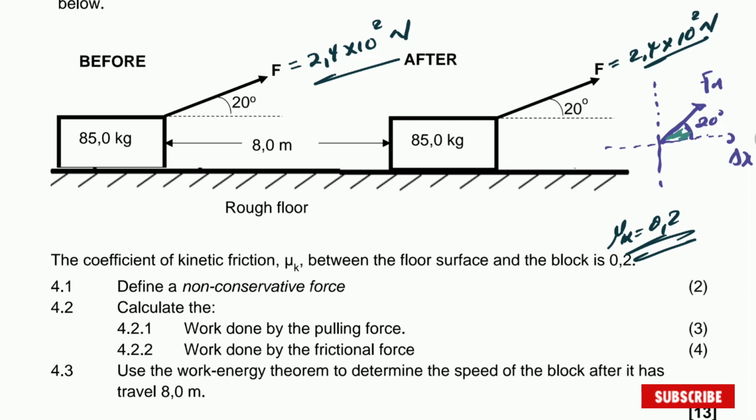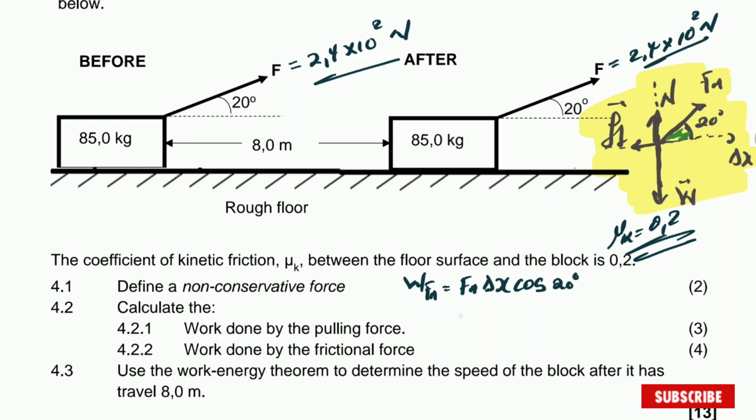What other forces are acting here? There is also the normal force pointing up, weight pointing down, and the frictional force to the back. This is the free body diagram, and I always recommend you do it because you may need it. Now the question was to calculate the work done by the applied force, which is equal to the applied force multiplied by the displacement multiplied by the cosine of 20 degrees, the angle in this case.